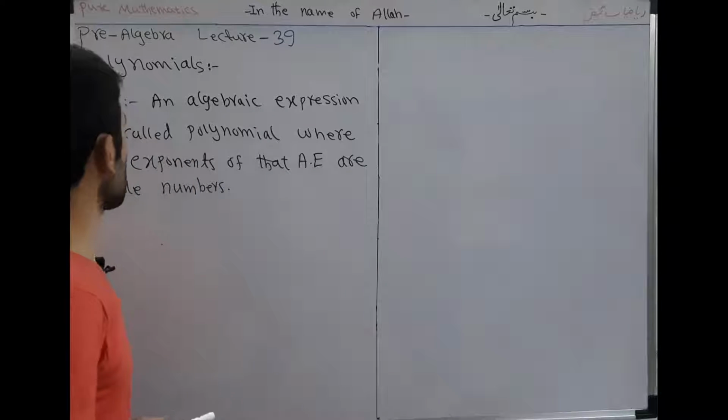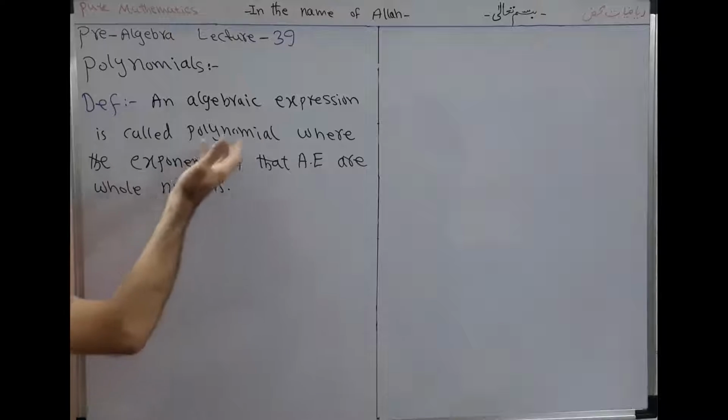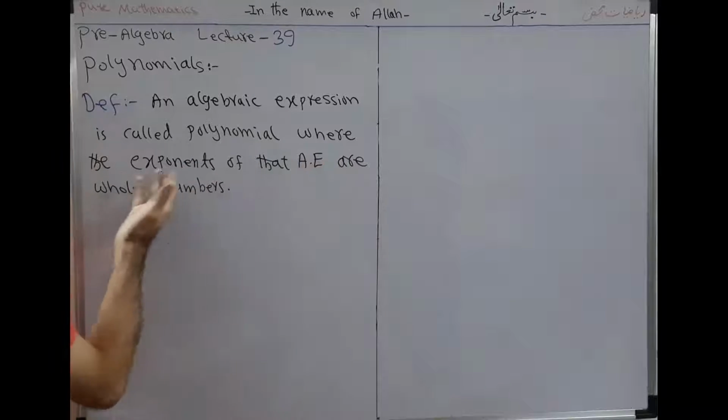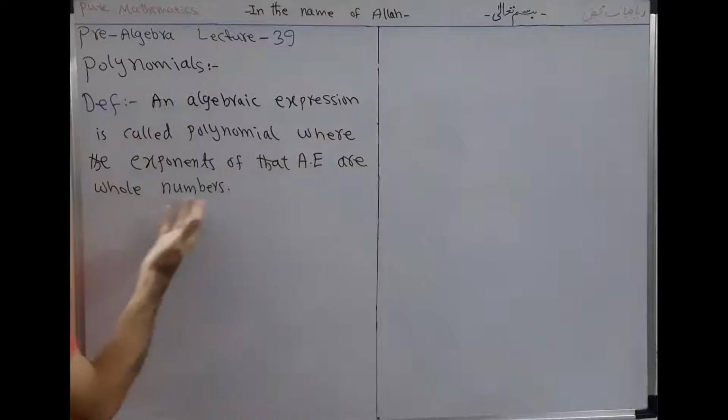It is the definition of polynomial. An algebraic expression is called a polynomial where the exponents of that algebraic expression are whole numbers.